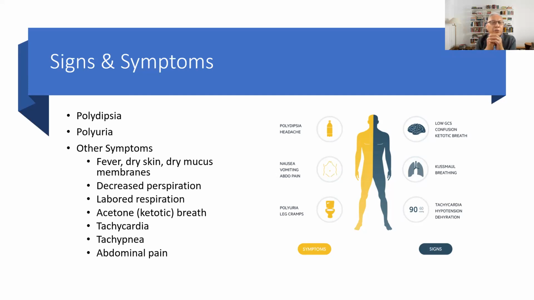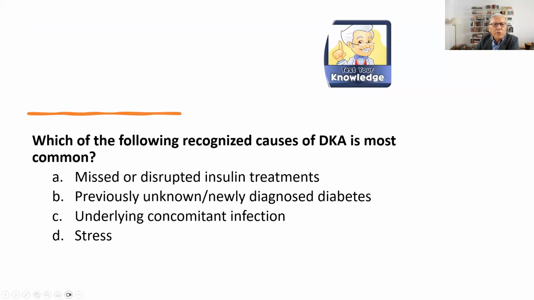Because of the dehydration, you're going to have tachycardia, as well as tachypnea, and of course, the other symptoms that are going to accompany it, which includes your abdominal pain. So those are the most common signs and symptoms of diabetic ketoacidosis. All right, so let's go to the poll over here.